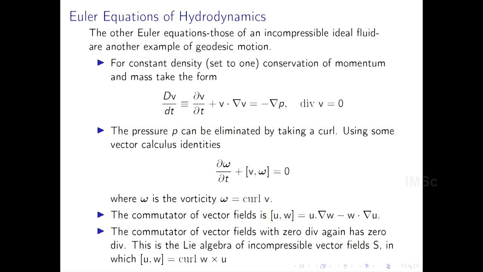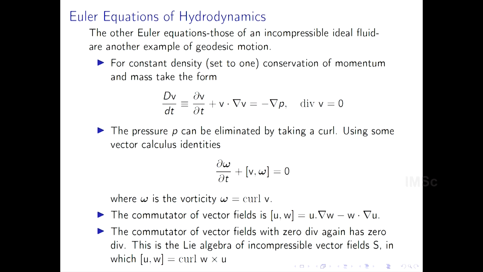Incompressible means the divergence is 0. So if you have two vector fields whose divergence is 0, their commutator also has divergence 0. That's because the commutator in that case can be written as the curl of the cross product. So the divergence is 0. So this set of incompressible vector fields form a Lie algebra. The corresponding Lie group is the group of transformations that preserve the volume element.